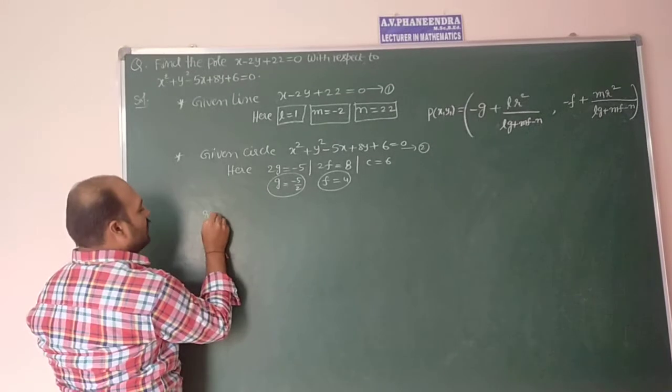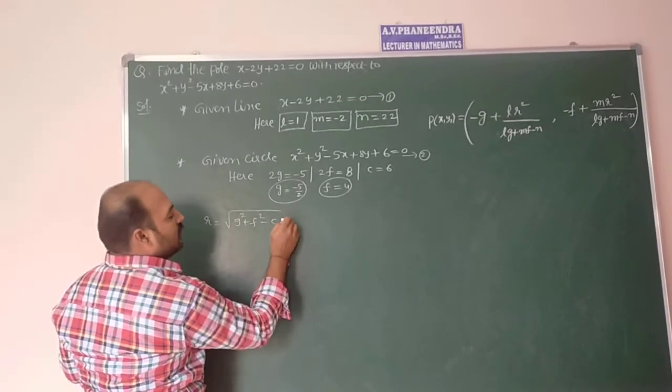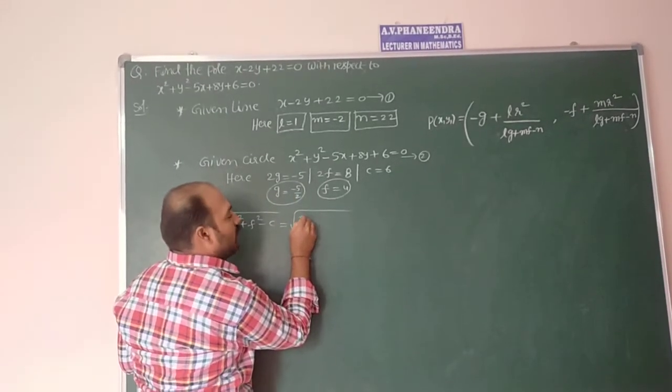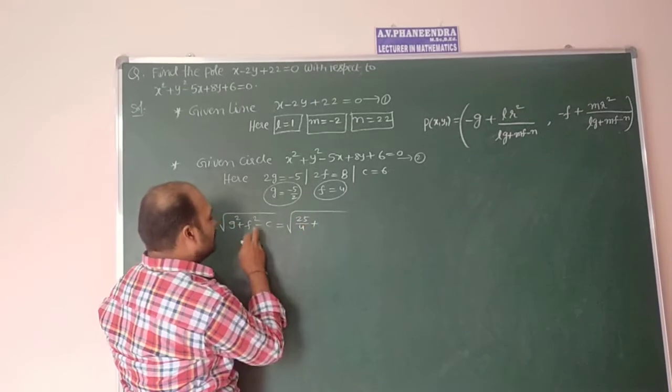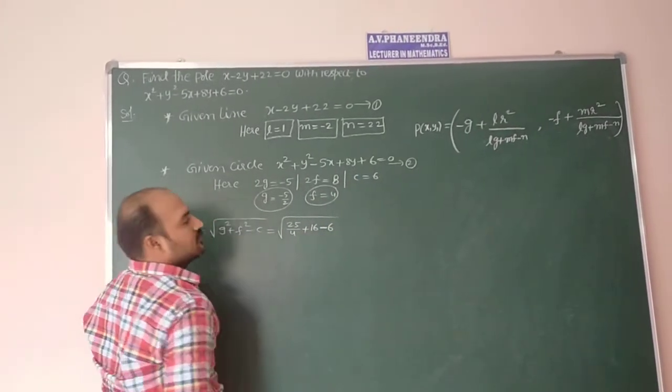So radius r is equal to root of g square plus f square minus c, which is equal to square root of g square, minus 5 by 2 whole square, 25 by 4, plus f square, 4 square, 16, minus c, c value is 6.